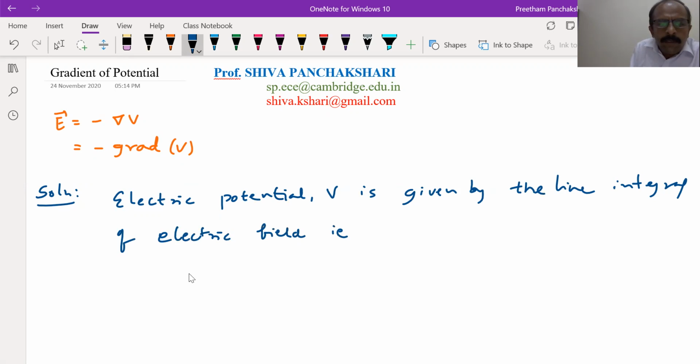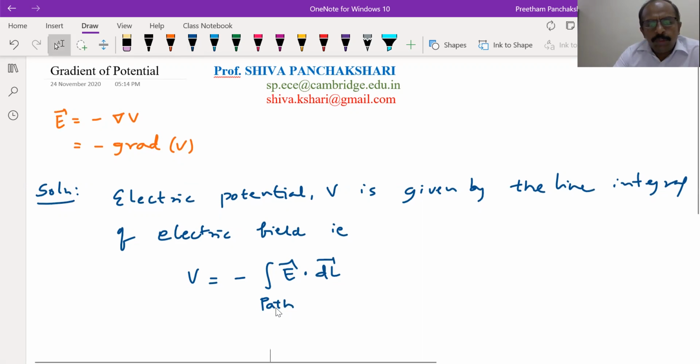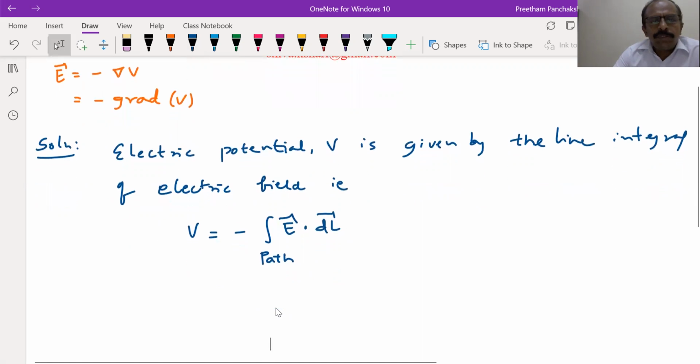That is, V is equal to the line integral of E over a given path. Path can be taken as limit. So this equation is known to us. Using this equation, we have found electric potential from E.